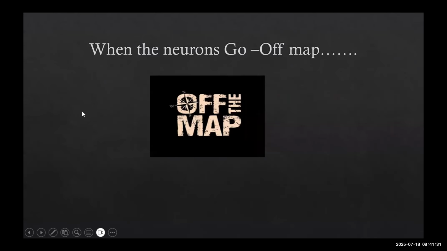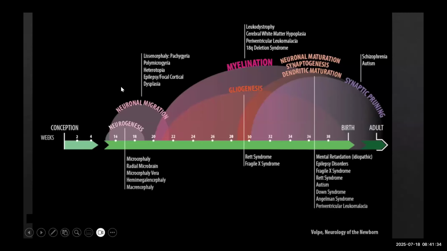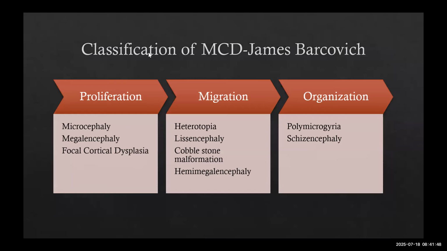So what happens when the neurons go off the map? Depending upon the phase of affection, there are multiple disorders of neurogenesis, migration, and gliogenesis. For the purpose of convenience and postnatal management, classification of MCD was proposed by James Barkovich. So we can classify it into disorders of proliferation, disorders of migration, and organization.